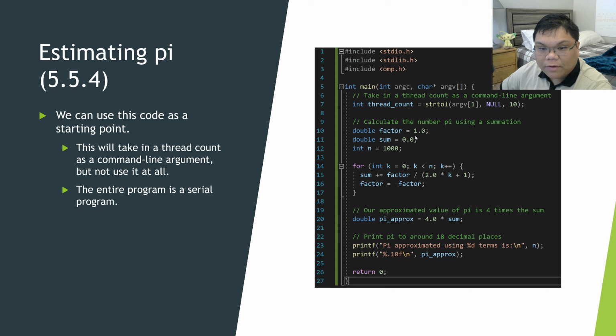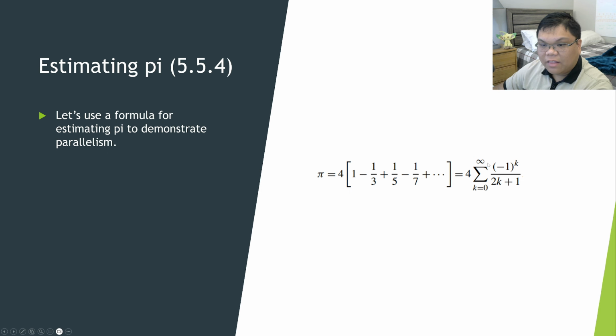We have variables factor, sum, and n. Factor is our -1 in the infinite sum. Every time we exponentiate that, we will get either 1 or -1. So our factor will only ever be either 1 or -1.